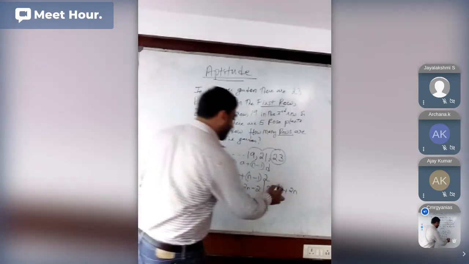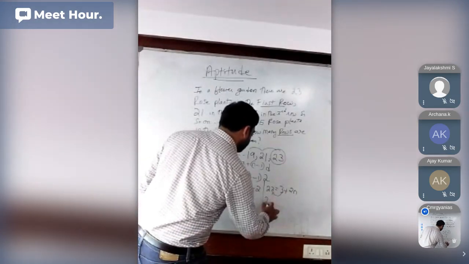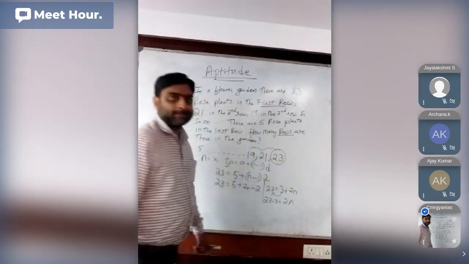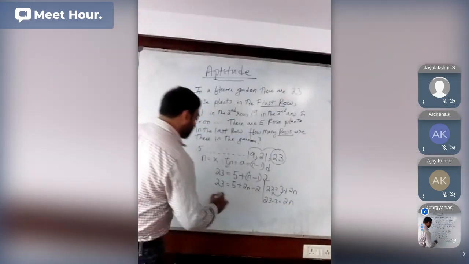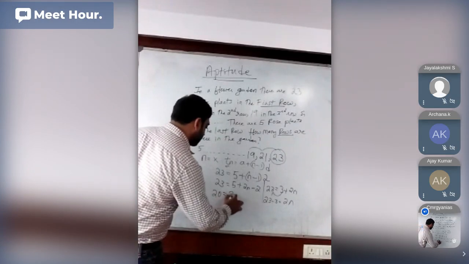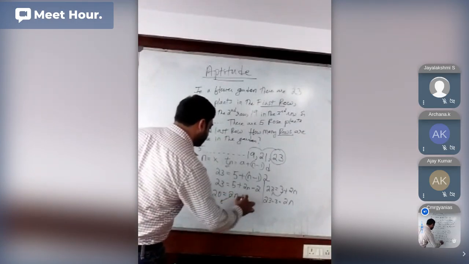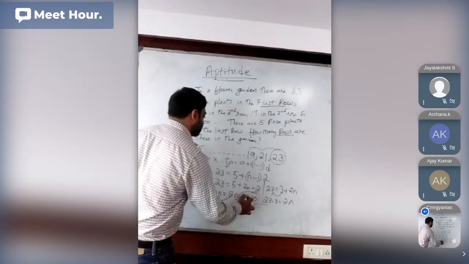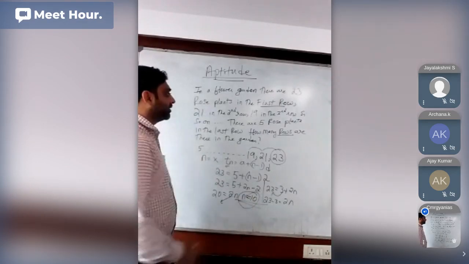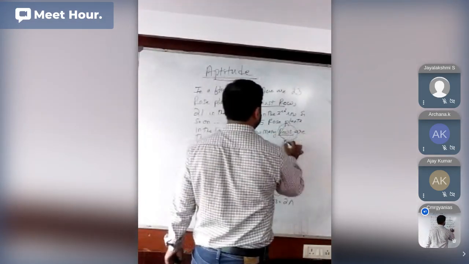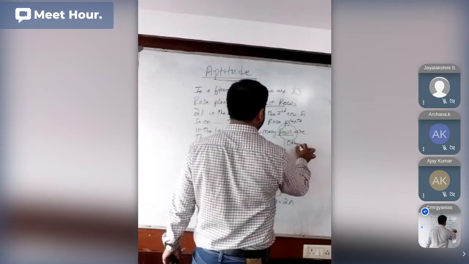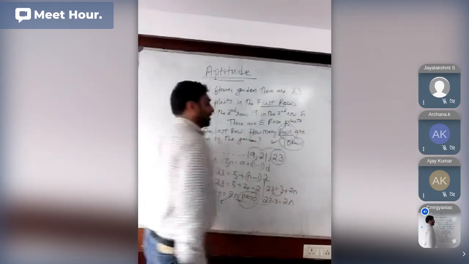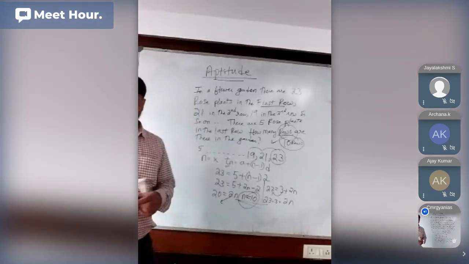You take this 3 this side: 23 minus 3 equal to 2n, so 20 equal to 2n. You take the 2 down, so n is equal to 10. 10 is the answer. So there are in total 10 different rows in this flower garden. This is the answer.